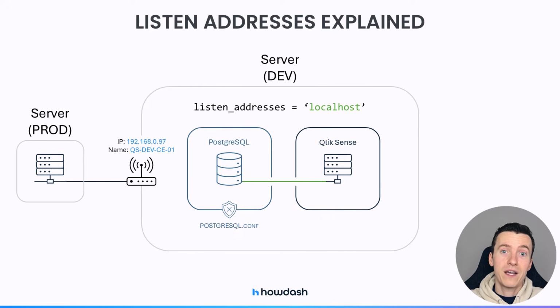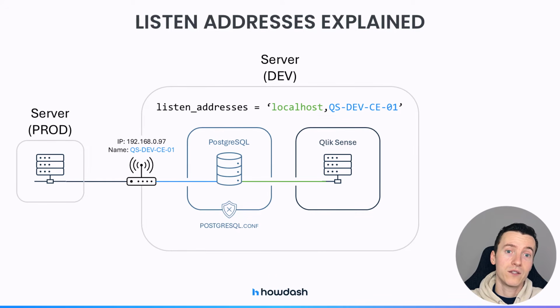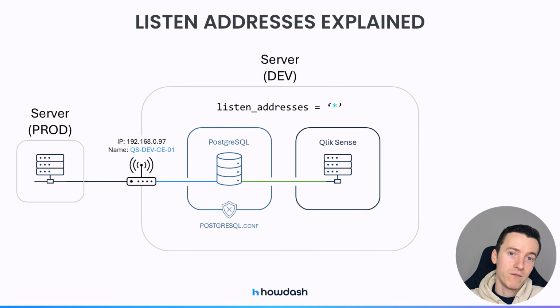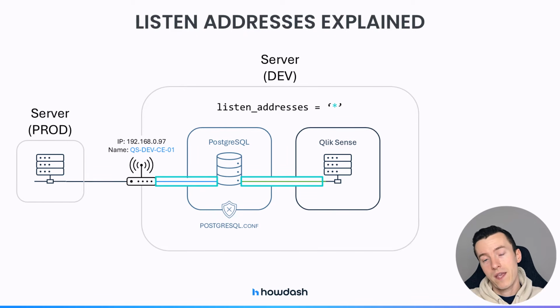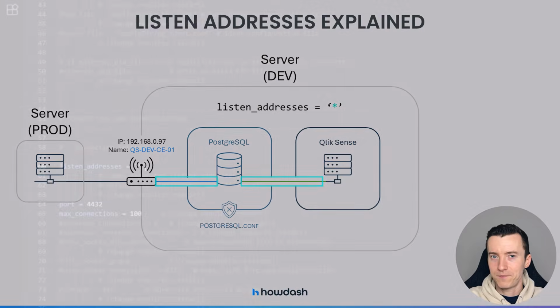And we do that by setting the listen addresses to include the IP address or the name of your server where PostgreSQL is installed. Or you could just set it to asterisk, and that will effectively tell PostgreSQL to listen for both internal and external requests. I prefer setting listen addresses to asterisk. It makes recovery process a bit easier.